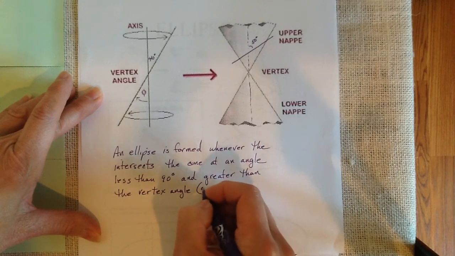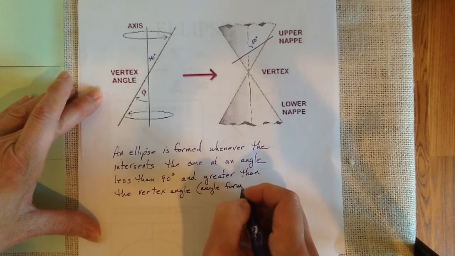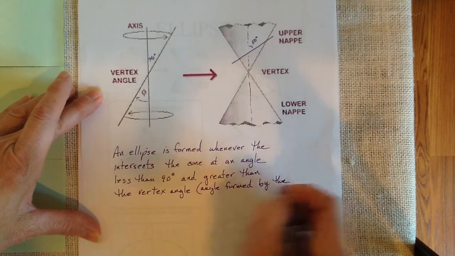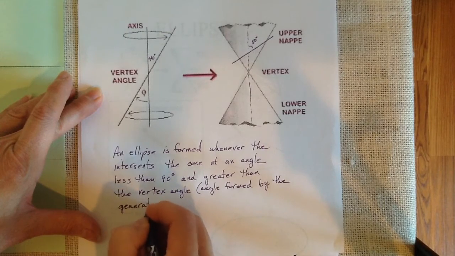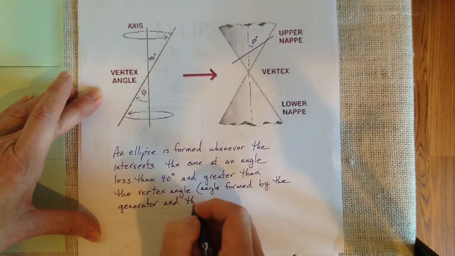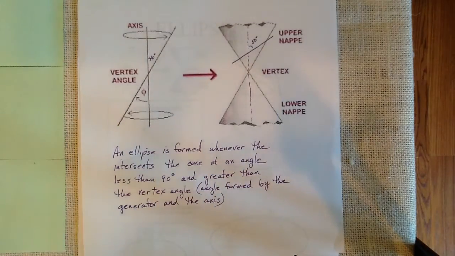And that's the angle formed by the generator and the axis. Okay, good.